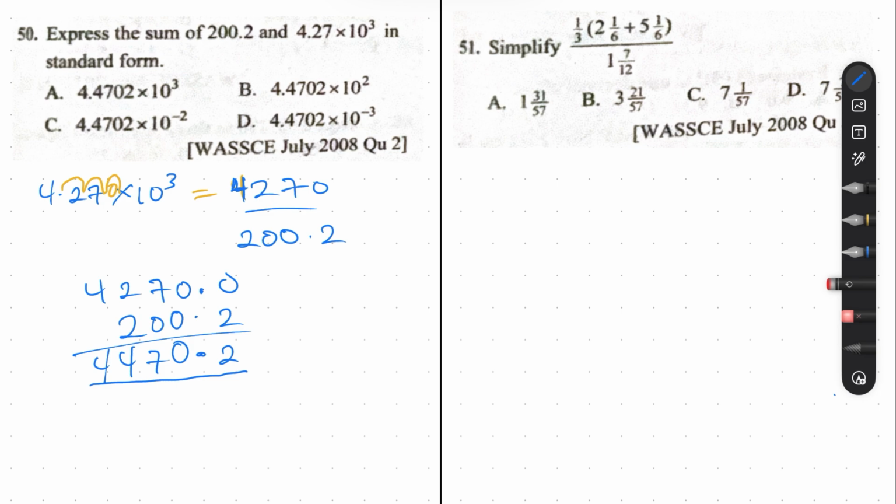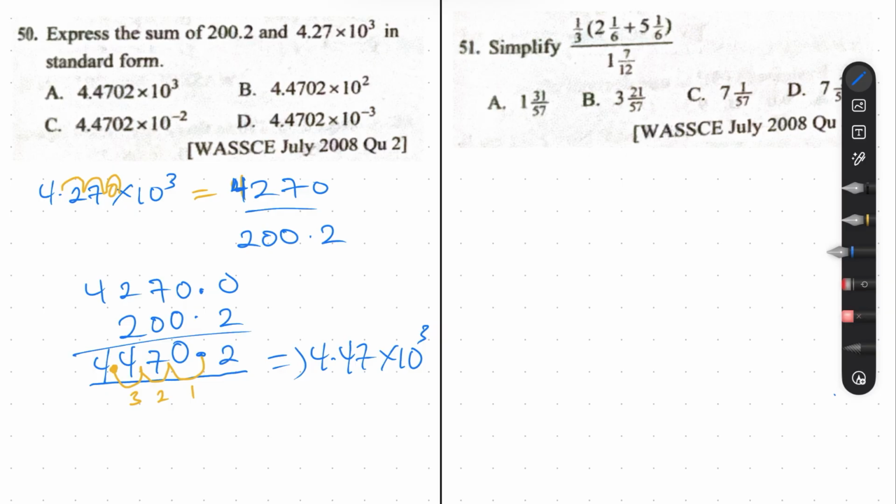If you go 3 times, 1, 2, 3. And we know when we are moving from the right to the left, our exponent is positive. So positive 3. So our answer is 4.47 times 10 to the power 3, right?